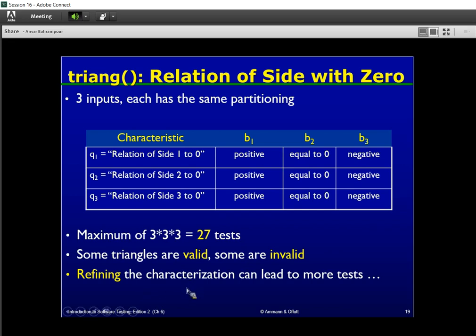As the last point said, refining the characterization can lead to more tests, because we could consider more characteristics, but in this example there is no need. We could consider some other special values, such as 1.